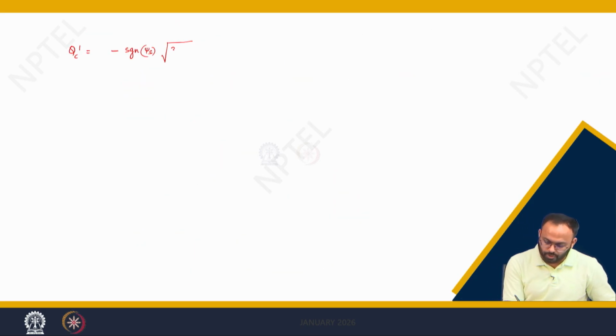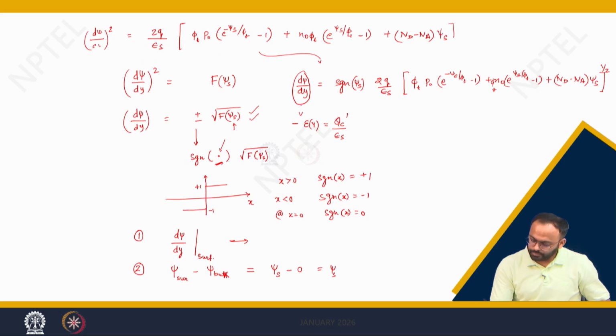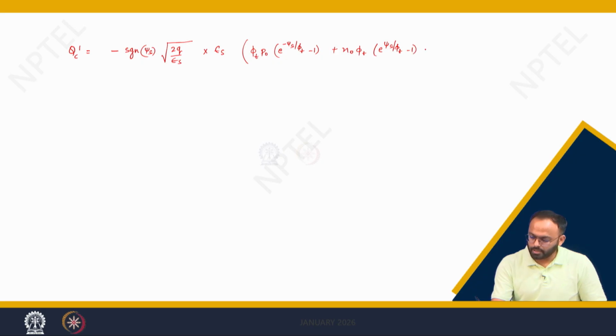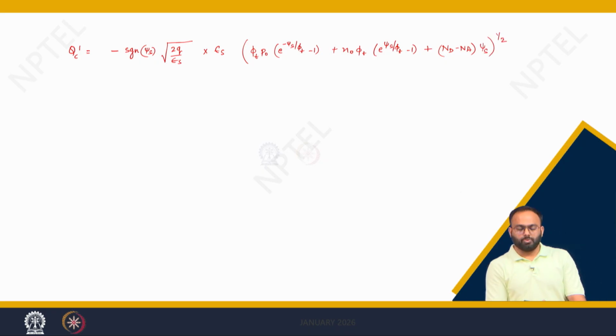So, square root of 2q/εs into εs, there will be an epsilon here, right, εs into εs, again the same quantity φt[p0(e^(−ψs/φt) − 1) + n0 φt e^(ψs/φt) − 1) + (Nd − Na) ψs] whole power 1/2.